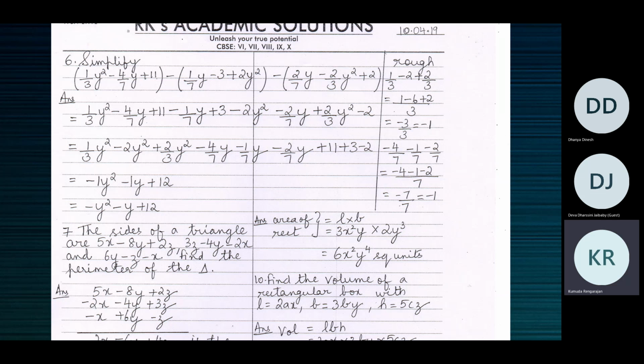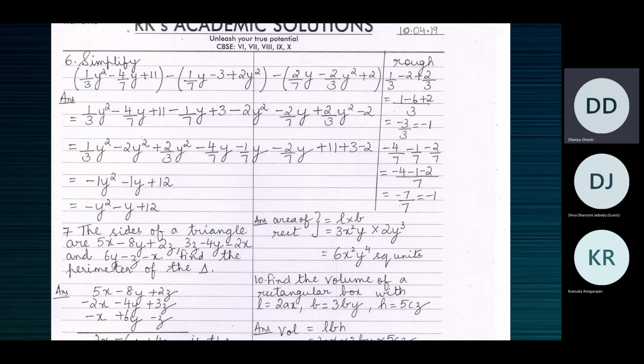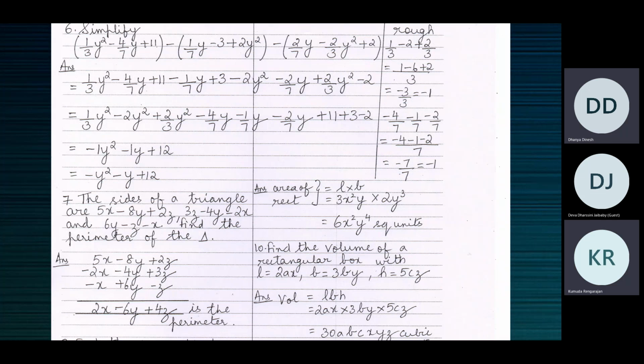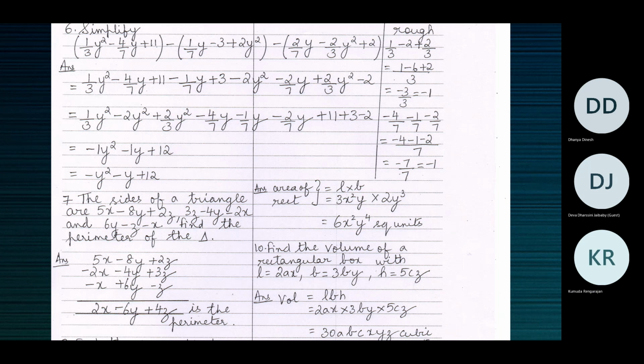What's the sum of the three expressions? Ma'am, 2x minus 10y plus 4z. No, not 10y. See there. The answer is 2x minus 6y plus 4z.